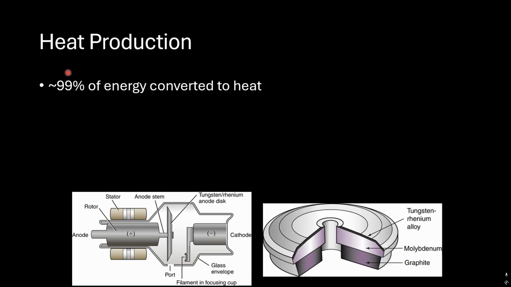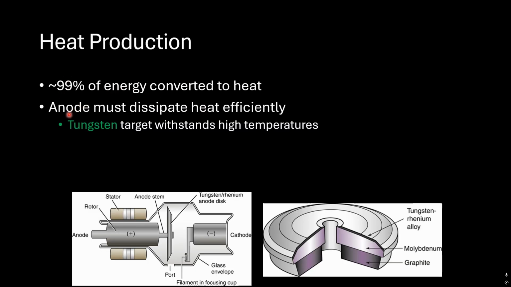So what about heat production? We know that about 99% of energy is converted to heat, and the anode must dissipate heat efficiently to make sure that it will not break with time. The tungsten target withstands high temperatures. This is why we are using the tungsten element. It can tolerate high temperatures.